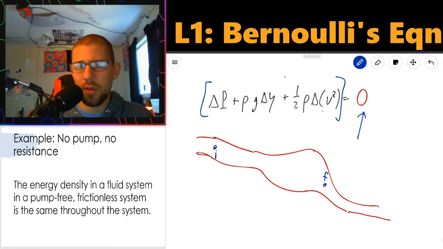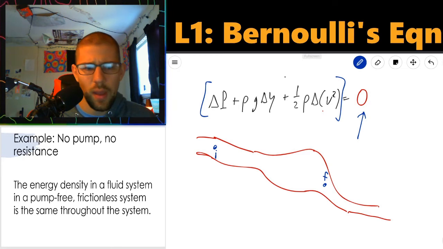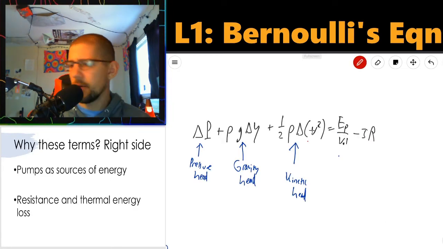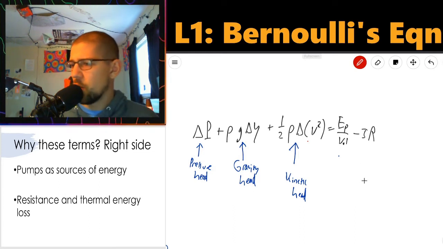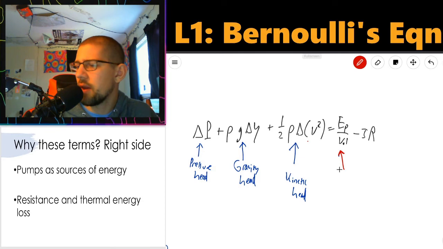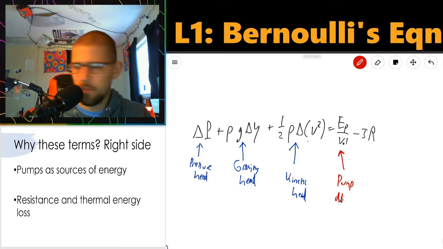Now it changes when we throw in a resistive pipe or a pump. Okay, so let's look at the right-hand side for a second. The right-hand side of the equation has 2 more terms. We have a pump term, the energy that a pump adds per volume.